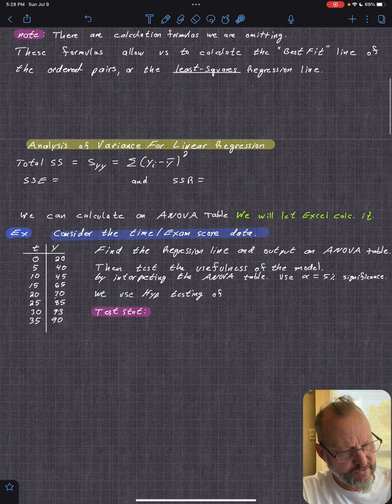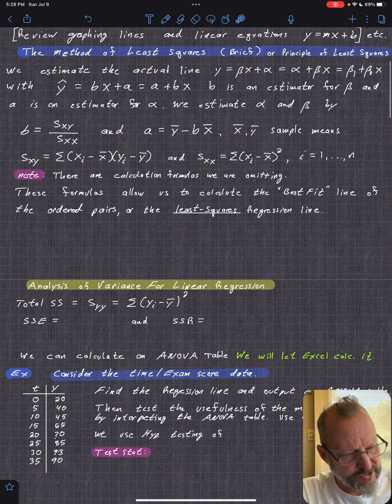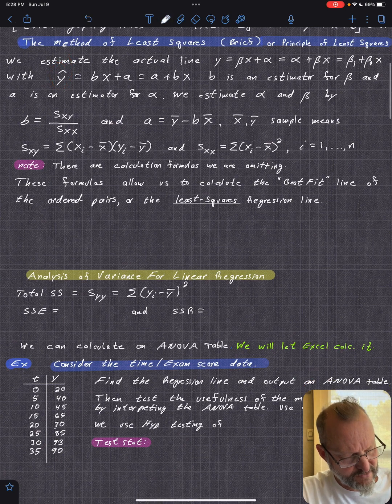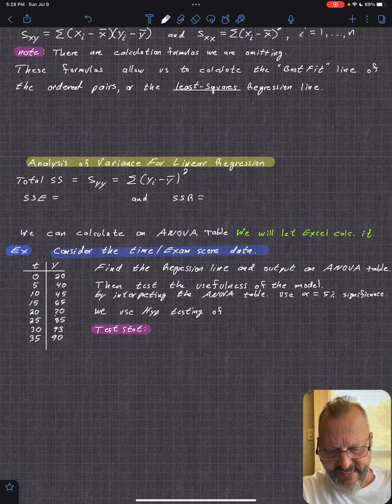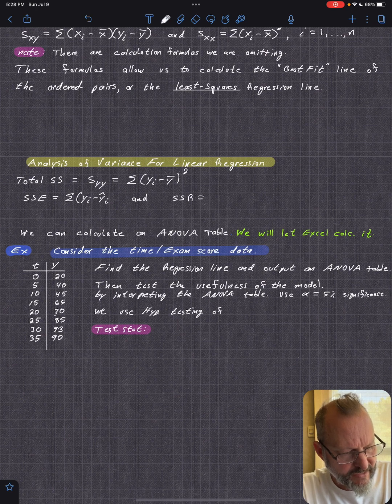Actually, you don't need that calculation, I'm sorry. You just need the y's. SSE is the sum of y sub i minus y hat i, squared.